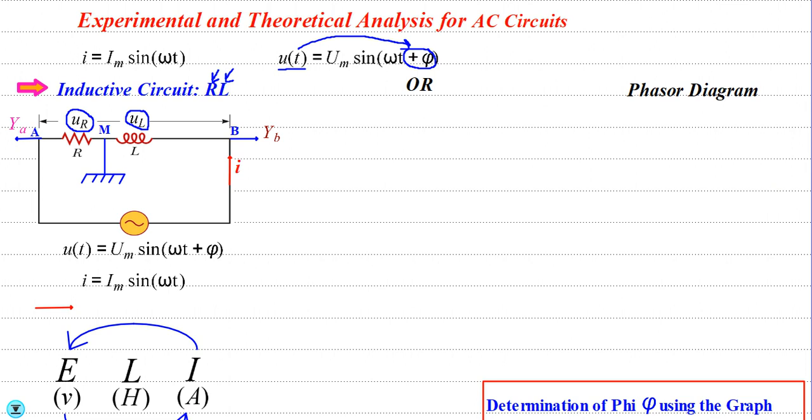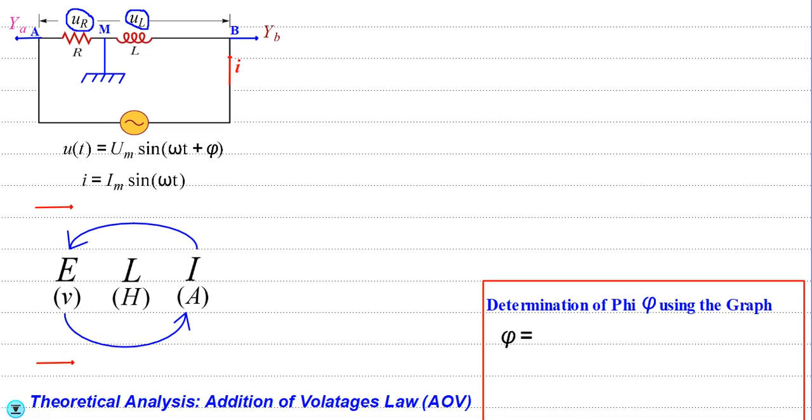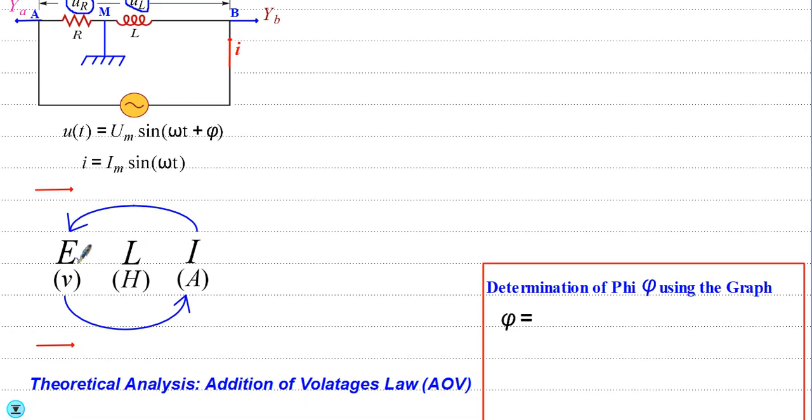However, I have created something that might interest you. It is e = L di/dt. e is the voltage, L is the inductance, and i is the current. So the voltage leads the current by phi, or if u goes ahead with respect to i by phi, this means that i goes behind, or we say it is actually lagging. i lags u by phi.